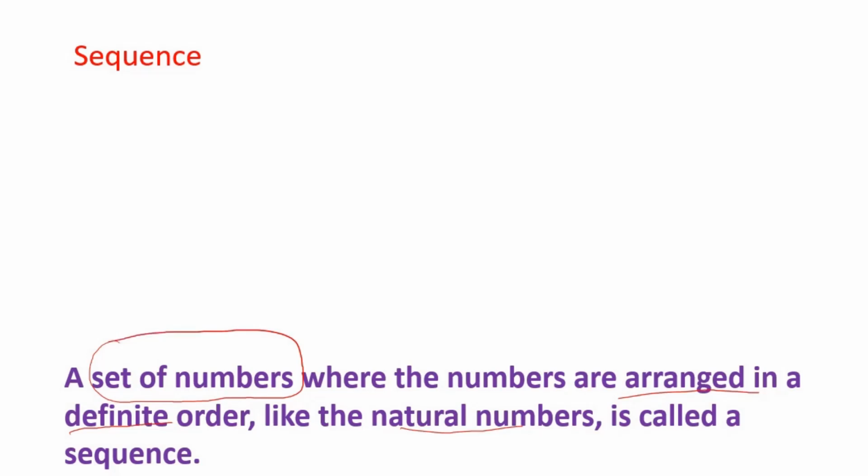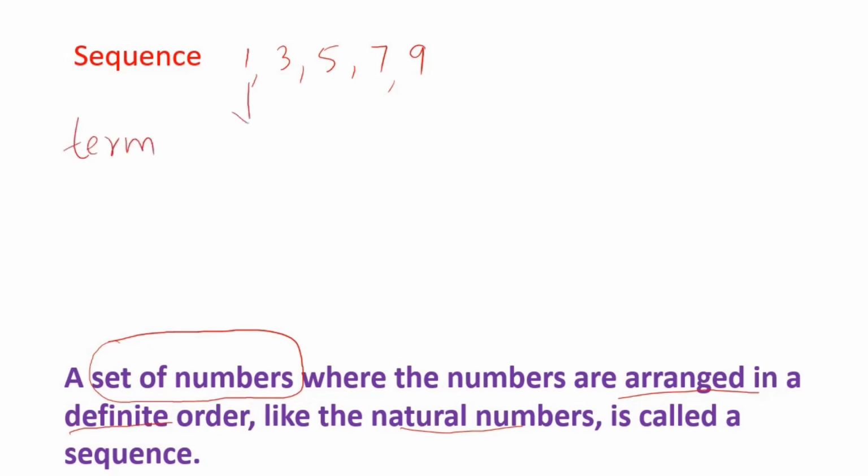And if I write the sequence again, which I just wrote, 1, 3, 5, 7, 9, each member in that sequence, or each number in that sequence, we call it a term.